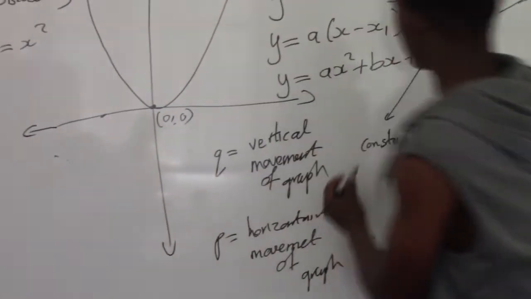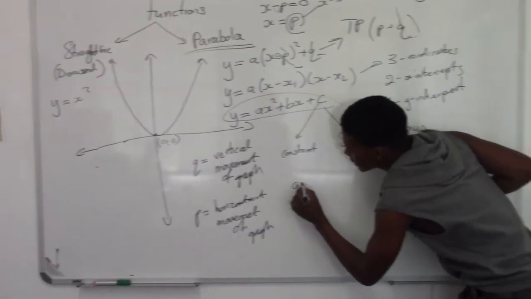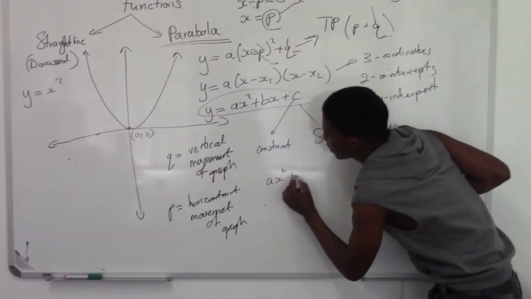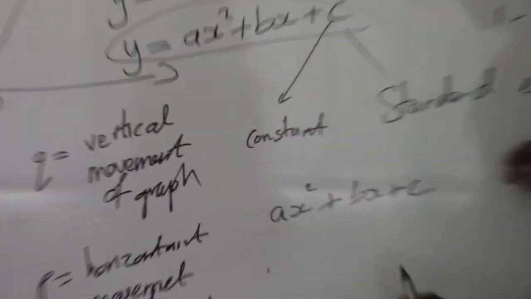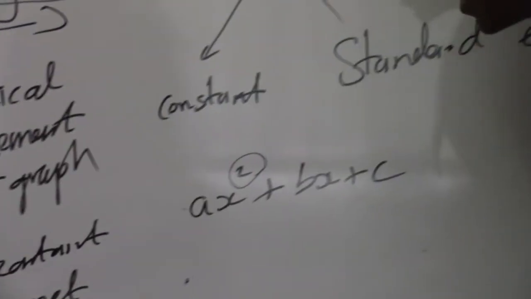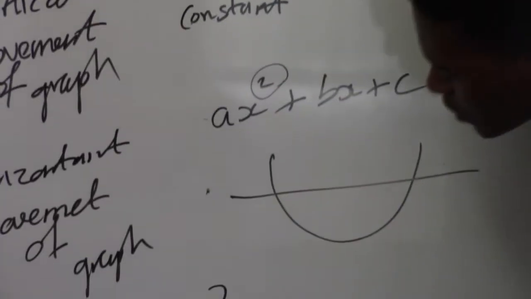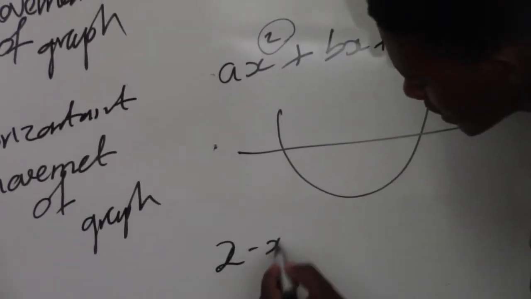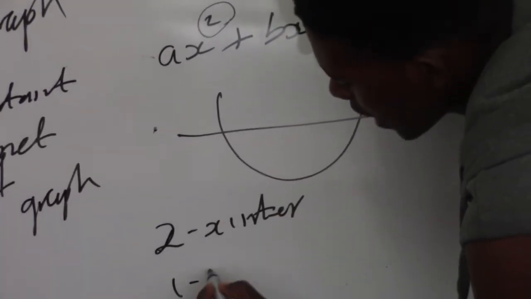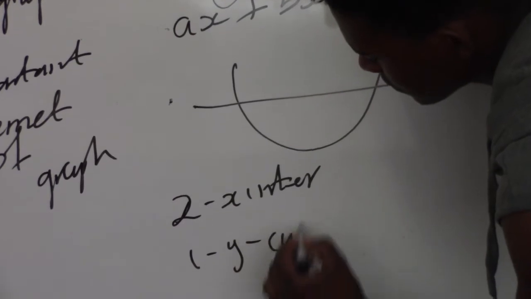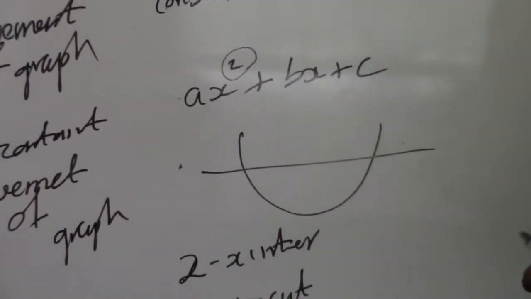Since we have a standard equation, which is ax squared plus bx plus c, that means because we have a 2 here, your graph should have at least 2 x-intercepts and 1 y-intercept, and obviously your turning point.